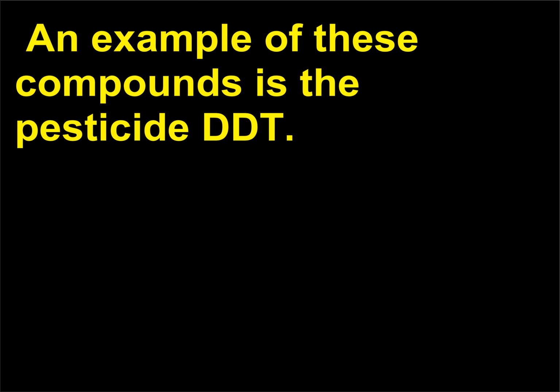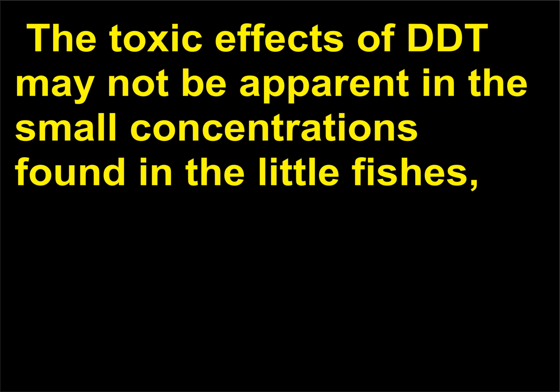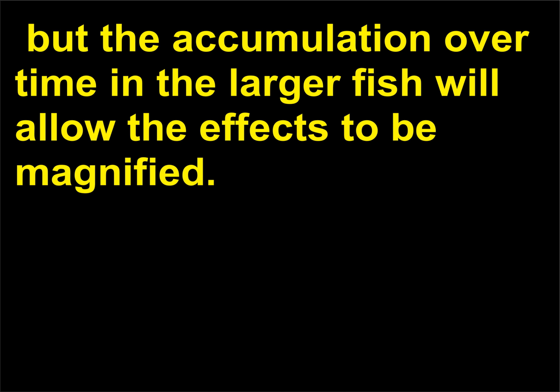An example of these compounds is the pesticide DDT. The toxic effects of DDT may not be apparent in the small concentrations found in the little fishes, but the accumulation over time in the larger fish will allow the effects to be magnified.